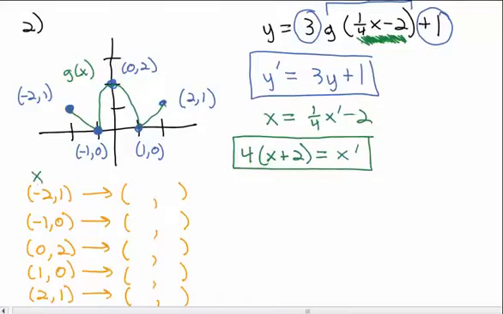So first the x's. We said order of operations, we have to add 2 and then multiply by 4. So -2 plus 2 is 0, times 4 is 0.